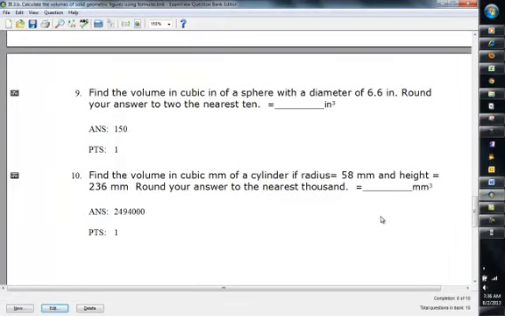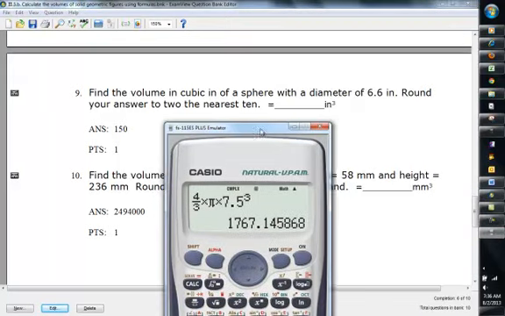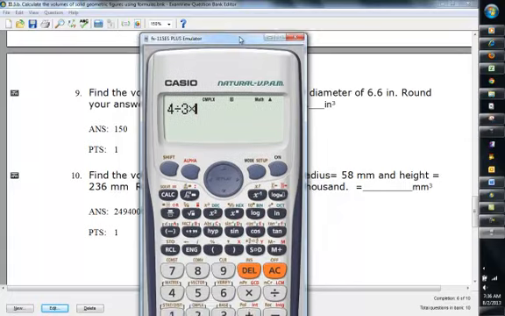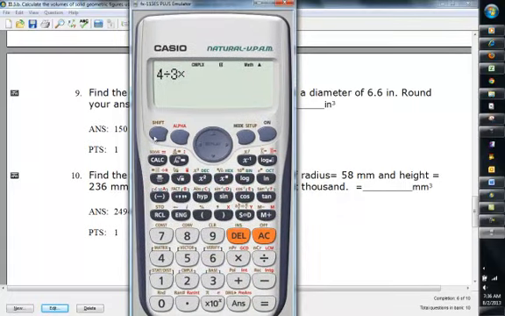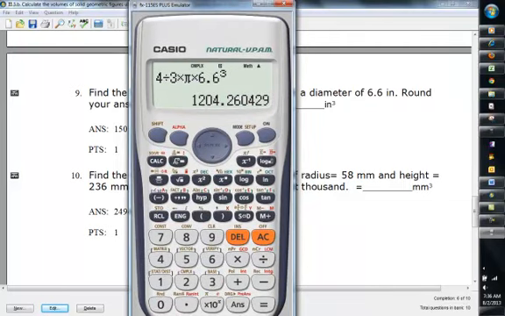Next one. Another volume of a sphere. So it's just like the last one. 4/3 times pi times 6.6 to the third, and we get... Oh, I'm sorry, it's got a diameter of 6.6.